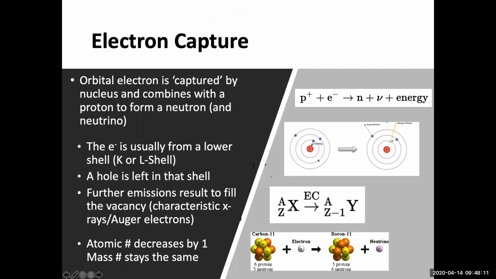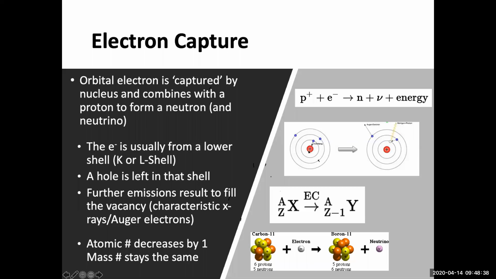The next decay is electron capture. An orbital electron is captured by the nucleus and combined with a proton to form a neutron and a neutrino. So an electron from the orbit is attracted by the nucleus, combines with a proton, and the proton is converted to a neutron.